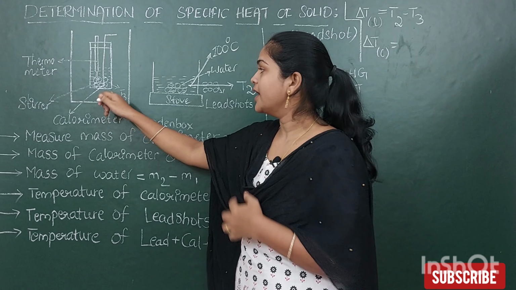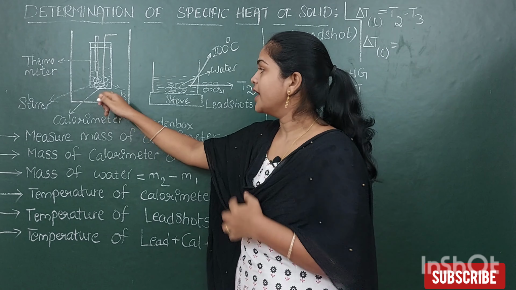The water and calorimeter are both at T1. After putting the lead shots into the calorimeter, it has temperature T3. So we write the higher temperature T3 minus the lower temperature T1. The temperature difference of lead shots is T2 minus T3, of calorimeter is T3 minus T1, and of water is T3 minus T1.